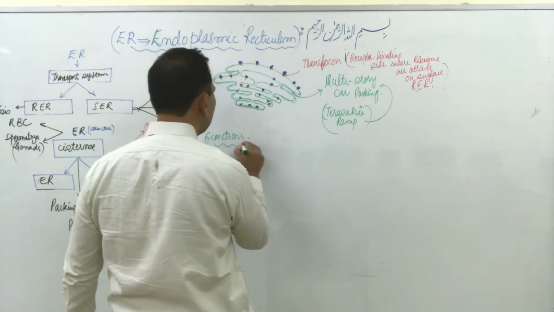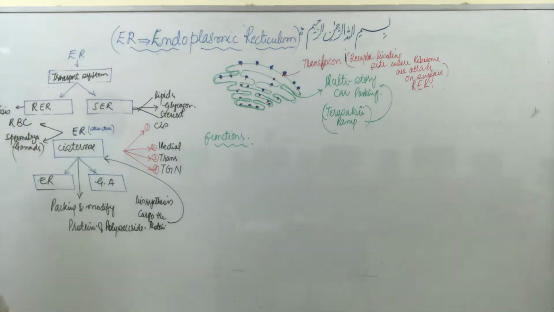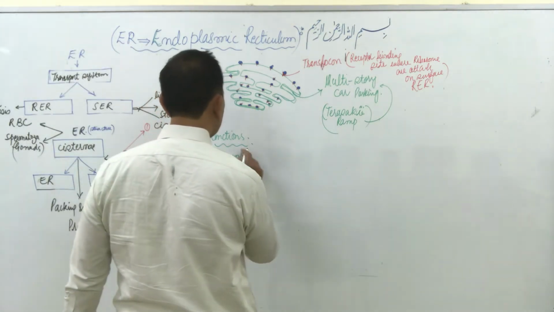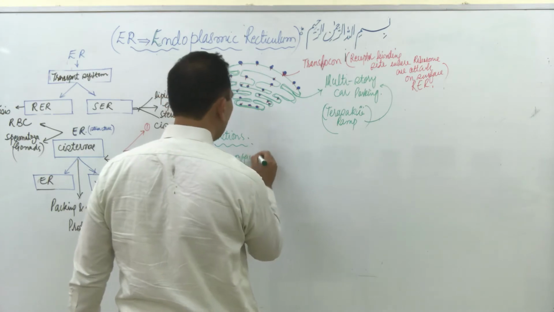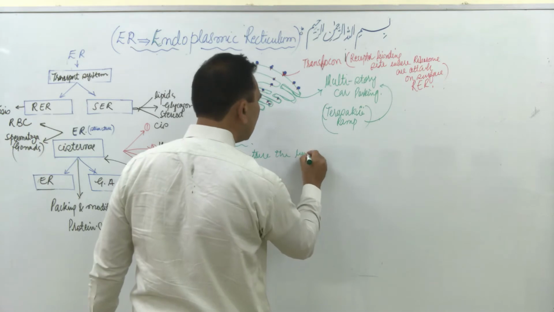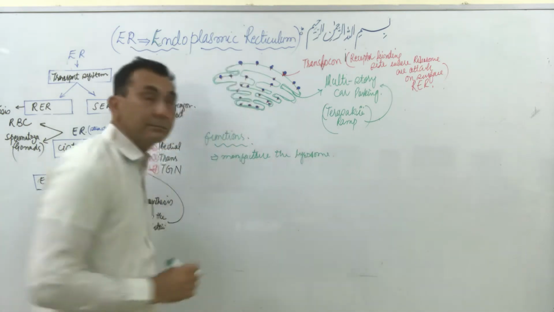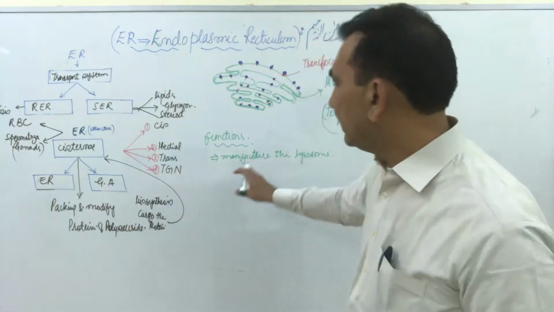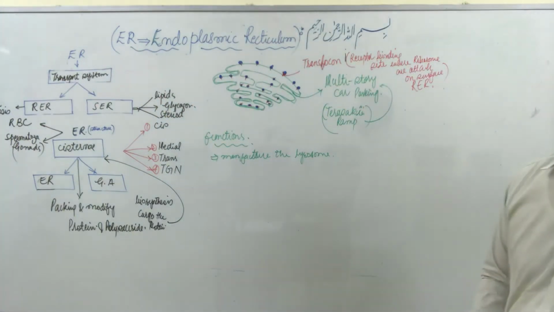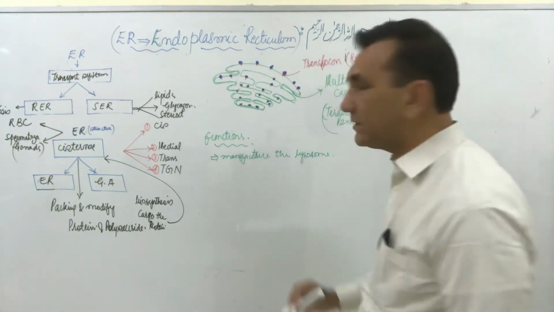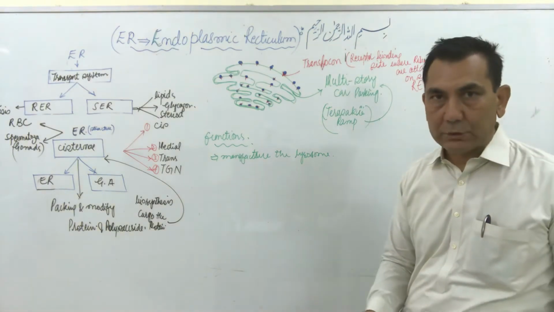Another function of the ribosomes is the manufacturing of the lysosome as well. Besides protein synthesis, the rough endoplasmic reticulum manufactures the lysosomes, and you know very well about the lysosome.